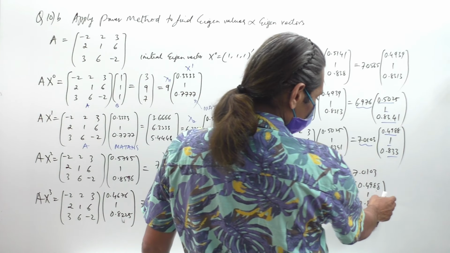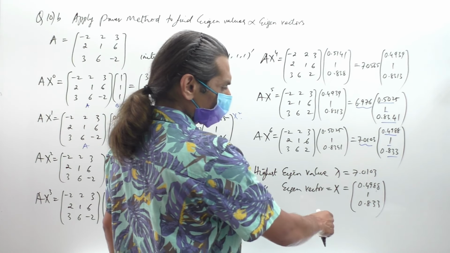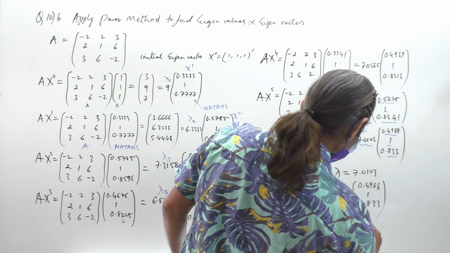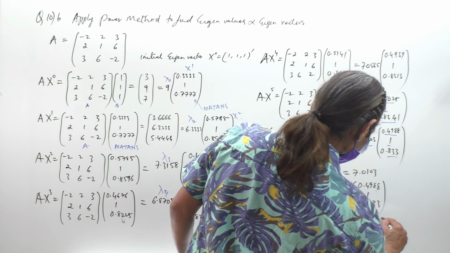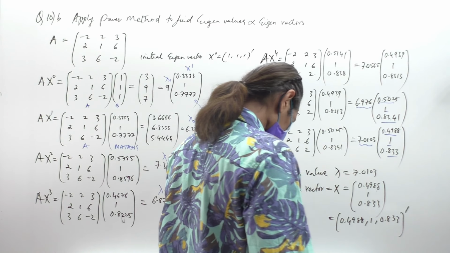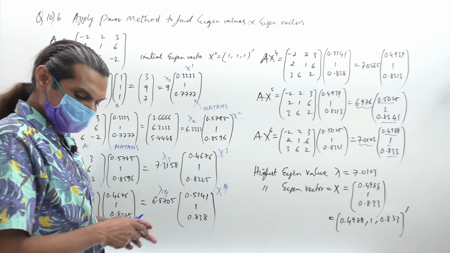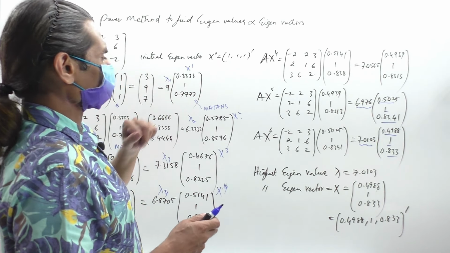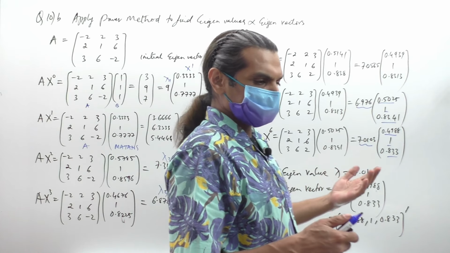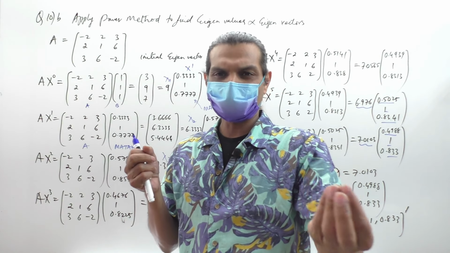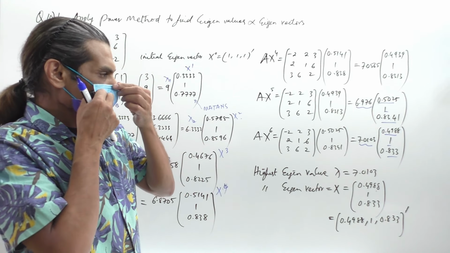Or if you want to write in transpose, you can write it also as 0.4988, 1, 0.833 transpose. That's all. So we have found the highest eigenvalue and the eigenvector for this question. See the initial eigenvector: in many books they choose 1 0 0, 0 1 0, 0 0 1 or 1 1 1.